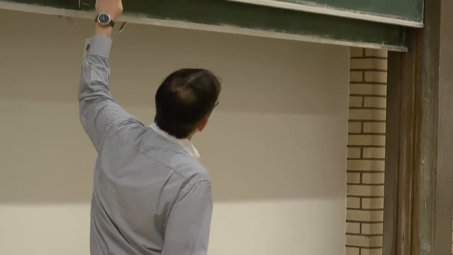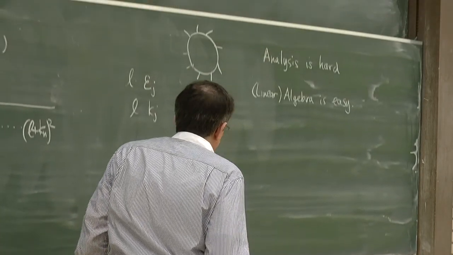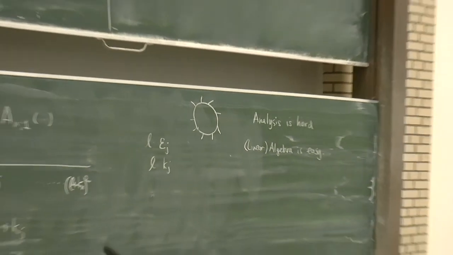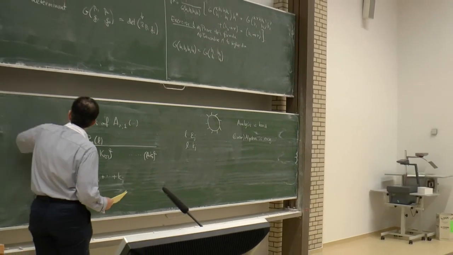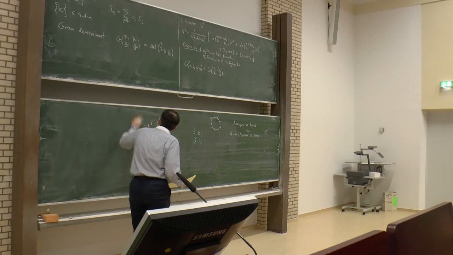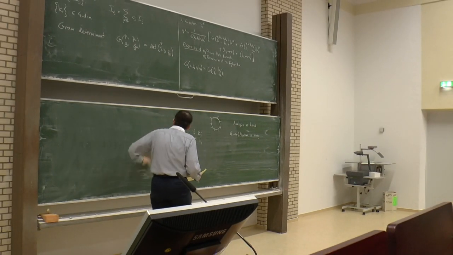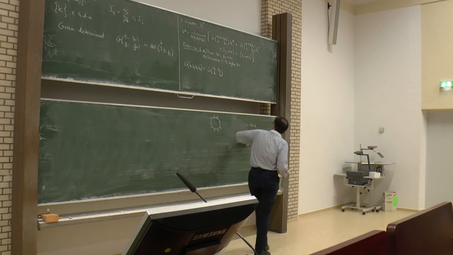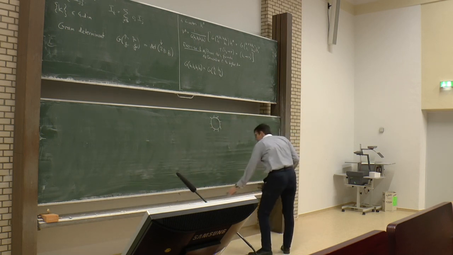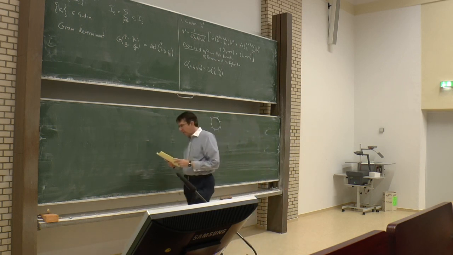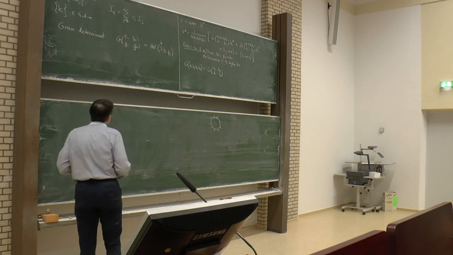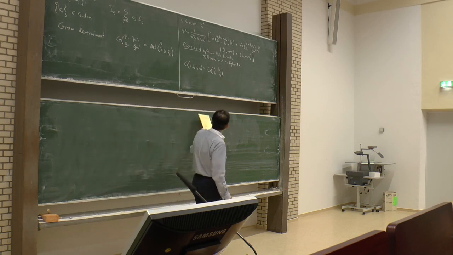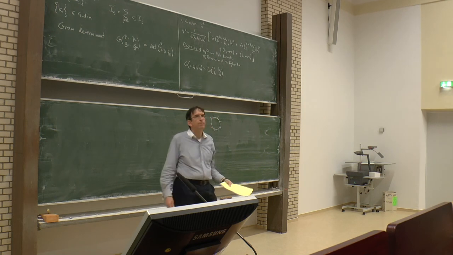Okay, so we can choose, for any integral, a set of convenient vectors. And a convenient set of vectors would be some of the external momenta of the diagram.